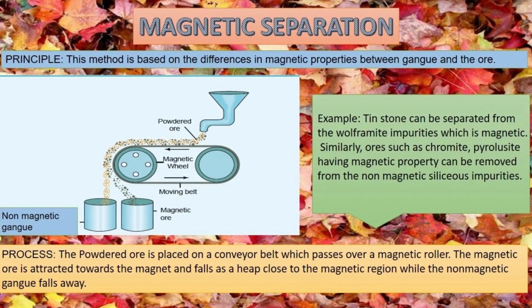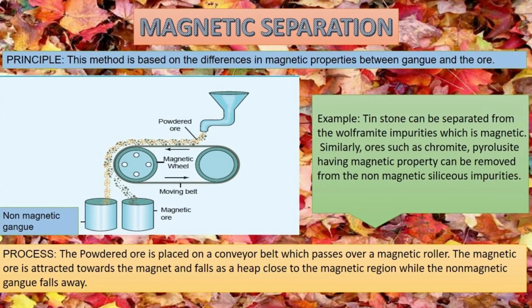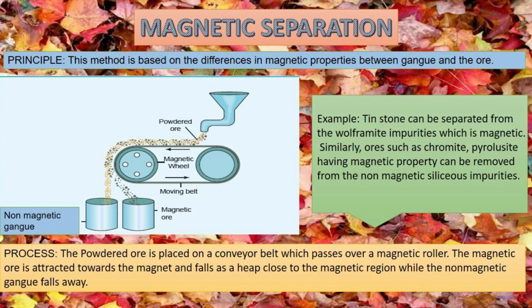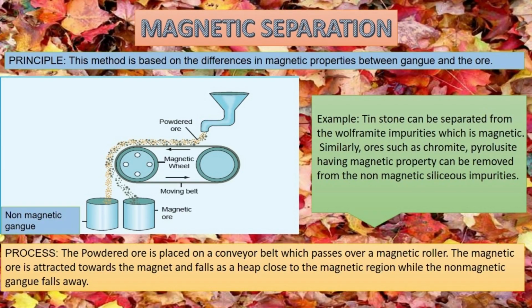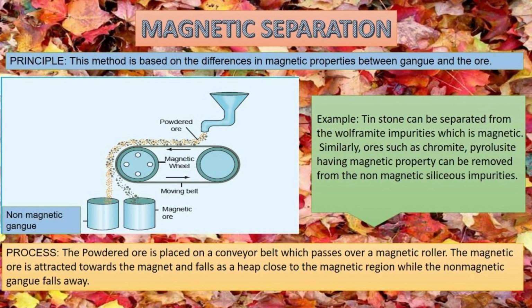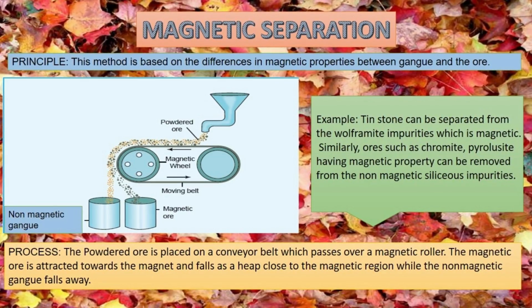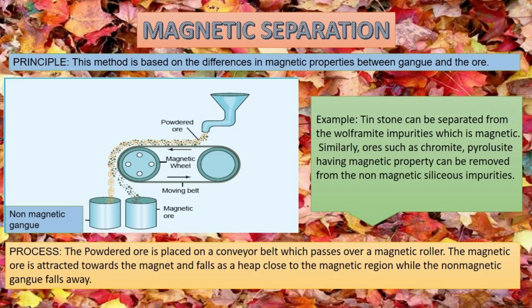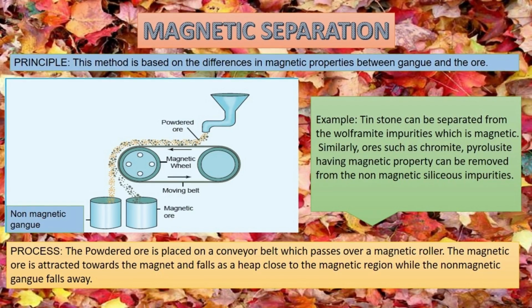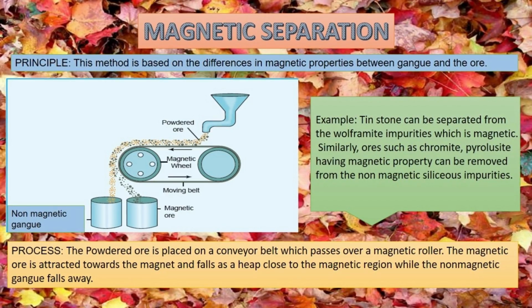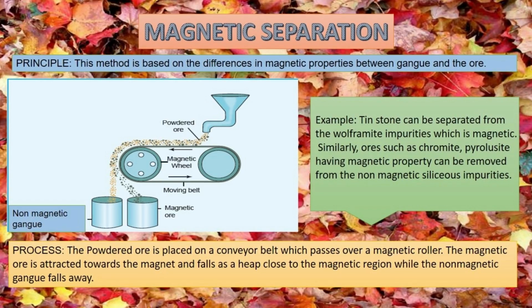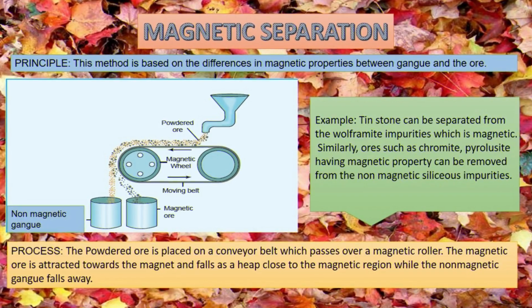Here, the powdered ore is taken on a conveyor belt which is made to roll over a magnetic roller. The magnetic ore will get attracted towards the magnet and it will fall on the region closer to the magnet, whereas non-magnetic impurities will fall away from the magnet due to centrifugal force.